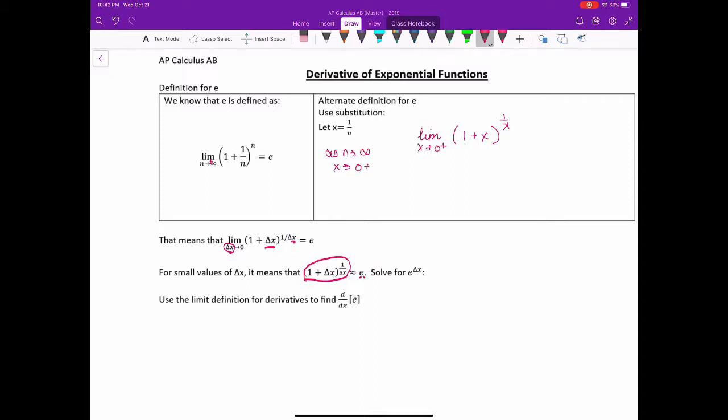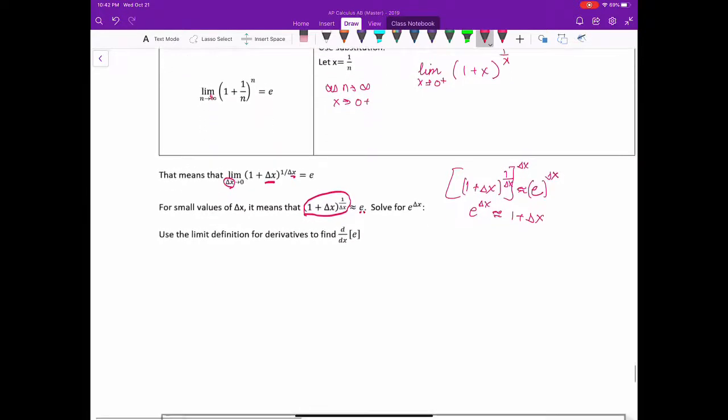So I'm going to solve for e to the delta x, provided I know that delta x is approaching 0. So I'm going to raise both sides, approximately e here, to the delta x. That means e to the delta x is going to be approximately, provided that delta x is approaching 0, very close to 1 plus delta x, like that.